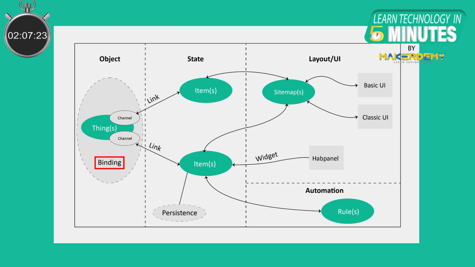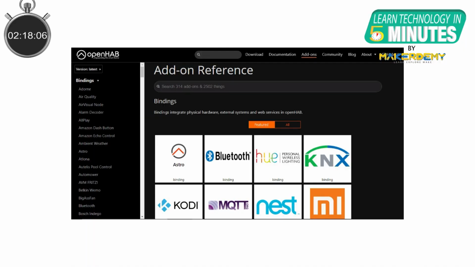The latest release addresses these issues as it removes the version 1 compatibility layer, and several bindings have been implemented again for OpenHAB 3.0. These add-ons or bindings are added regularly as more devices are integrated into the OpenHAB ecosystem.